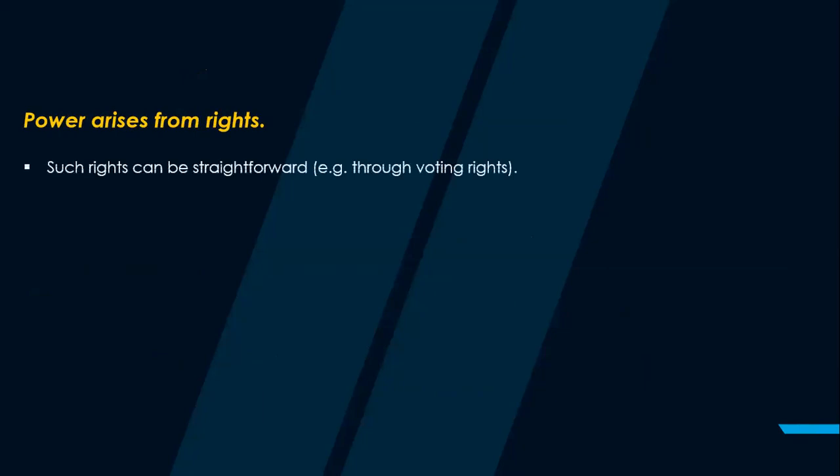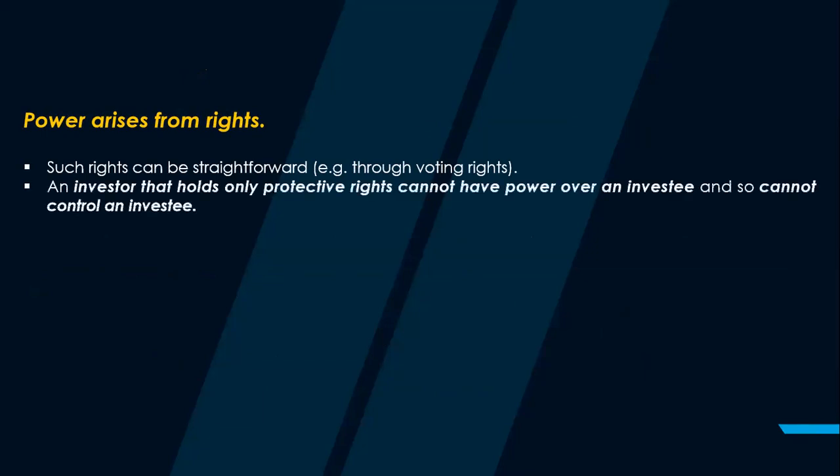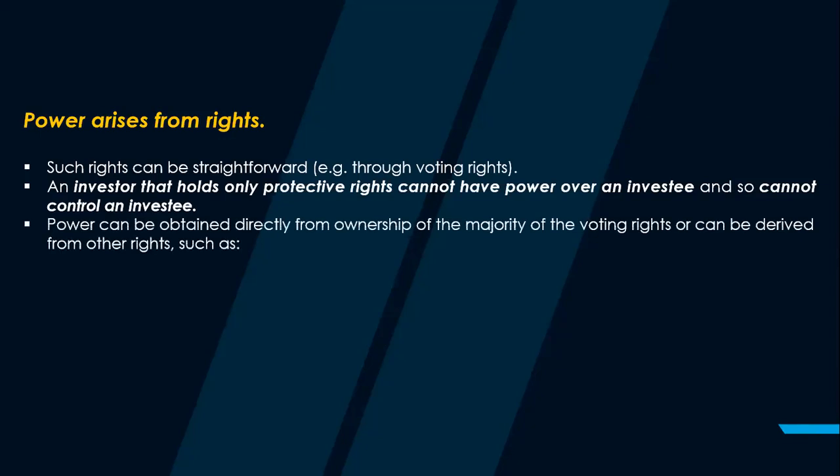Power arises from rights. Such rights can be straightforward, such as through voting rights. An investor that holds only protective rights cannot have power over an investee and so cannot control an investee.